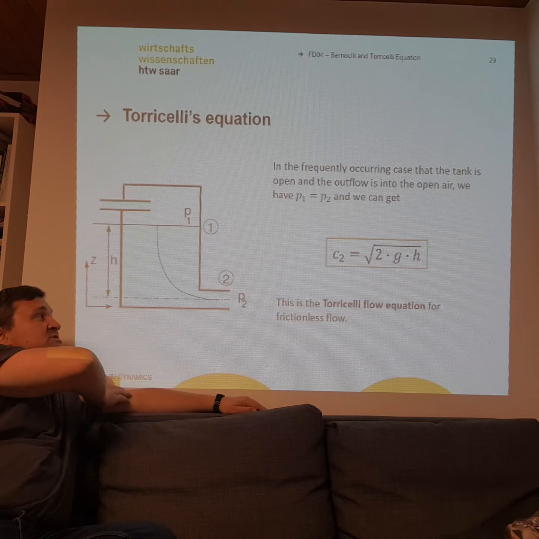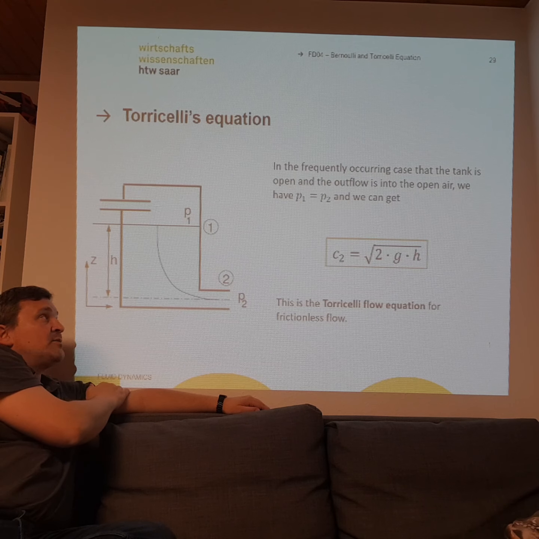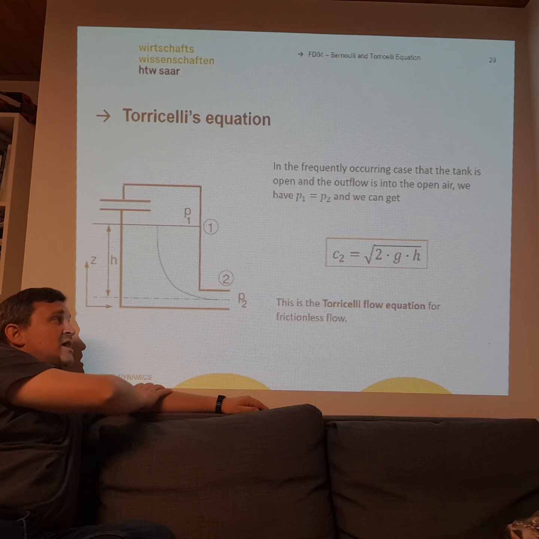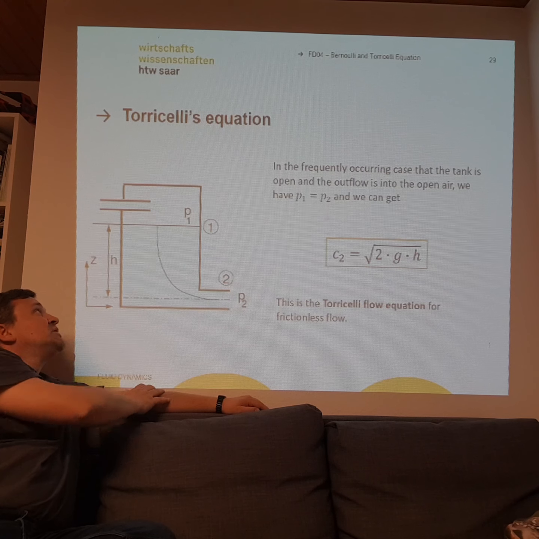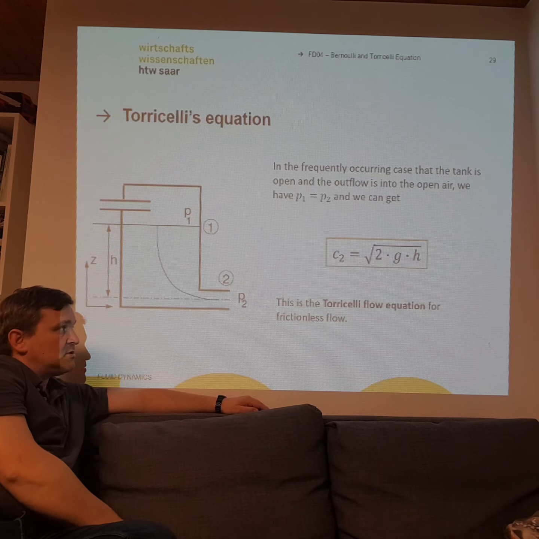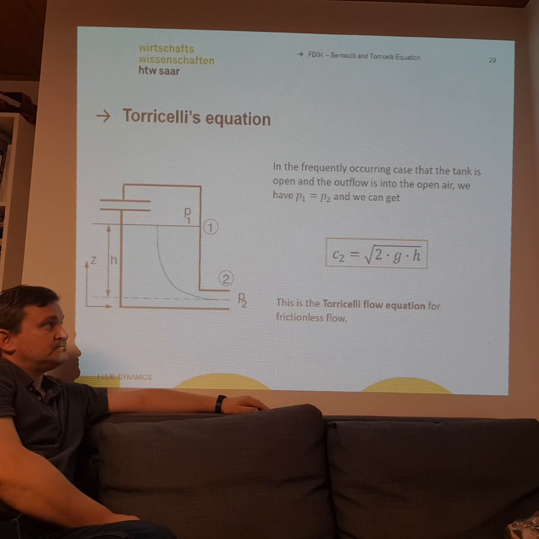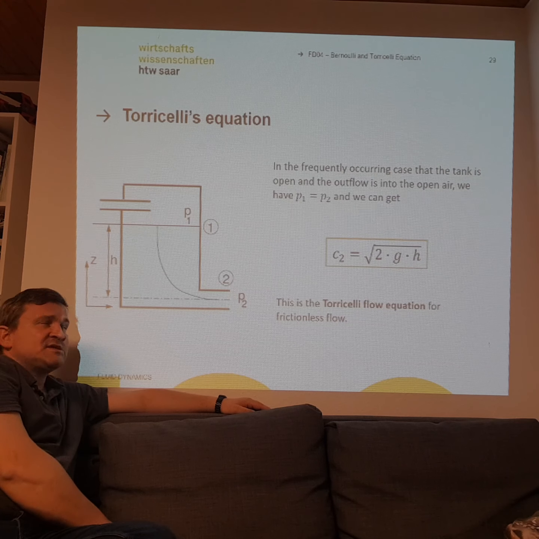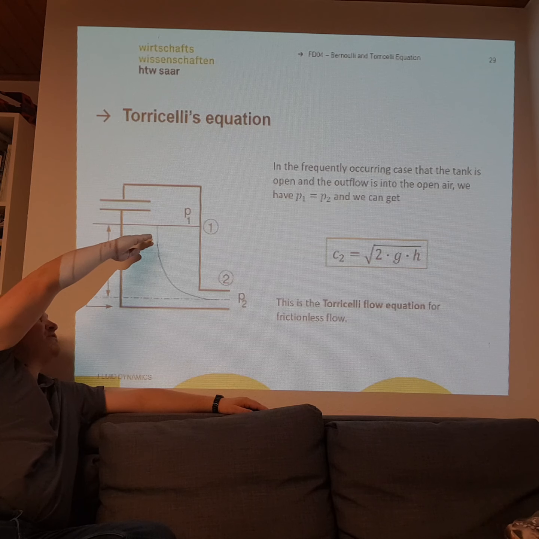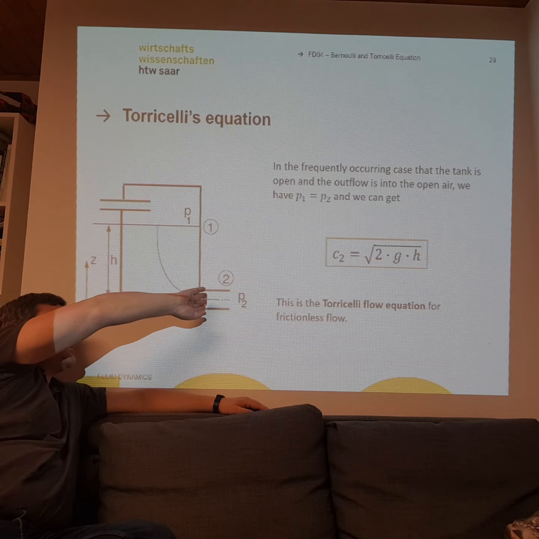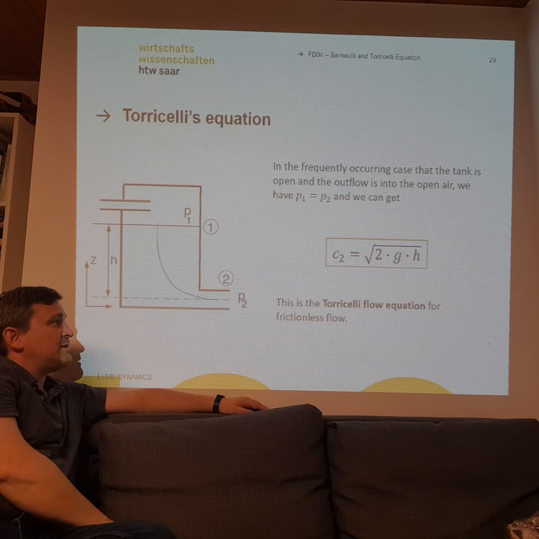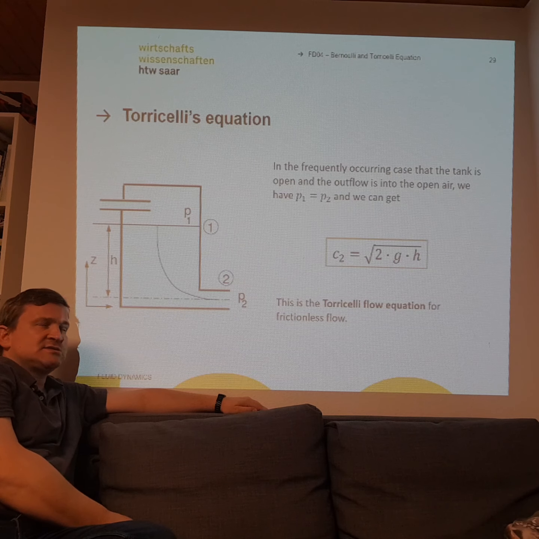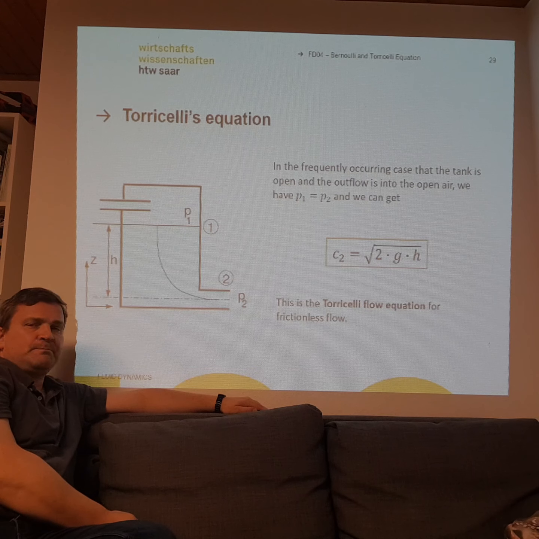We can use this really easy equation to calculate the velocity at the exit if we know the height of the vessel. And of course, what happens if the height changes, if the water flows out really fast? The velocity at the exit will be smaller and smaller.